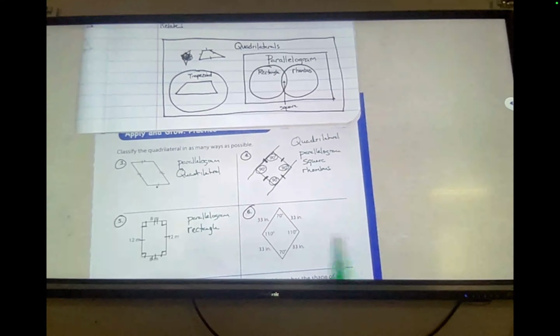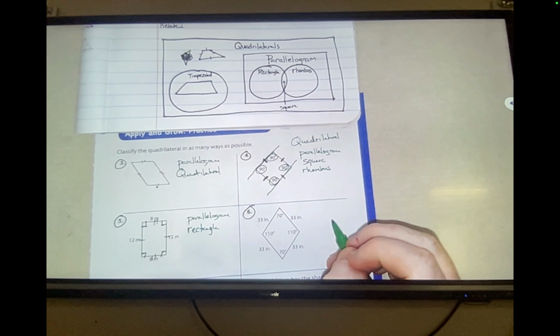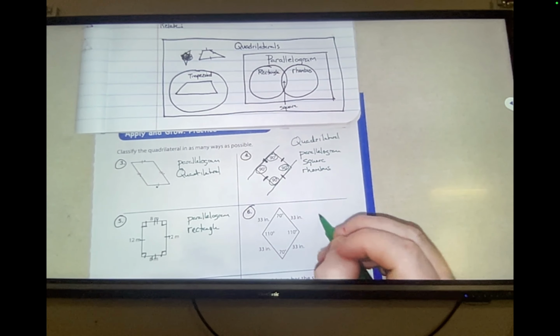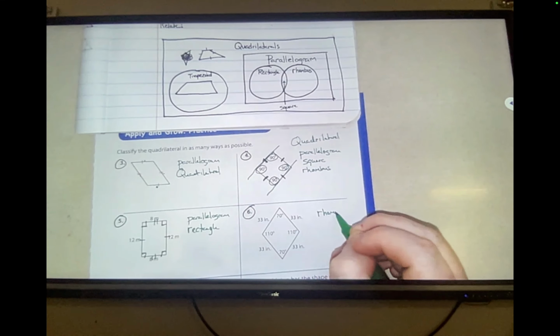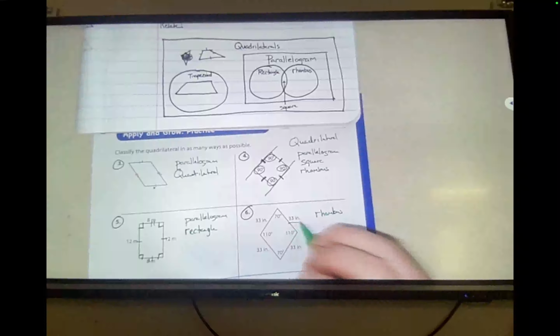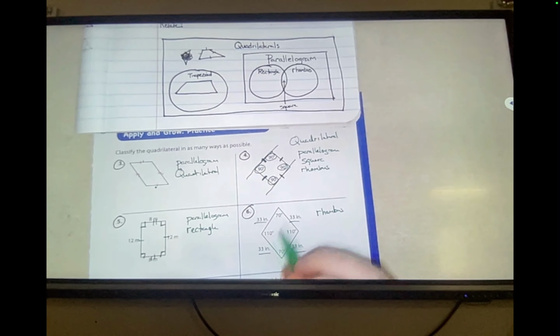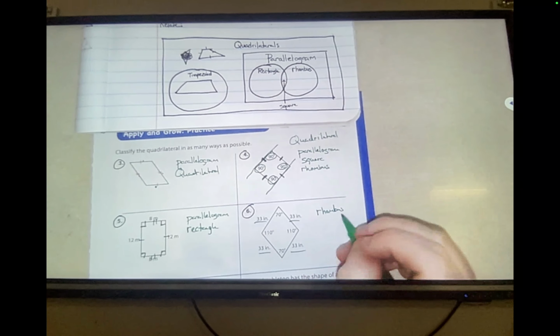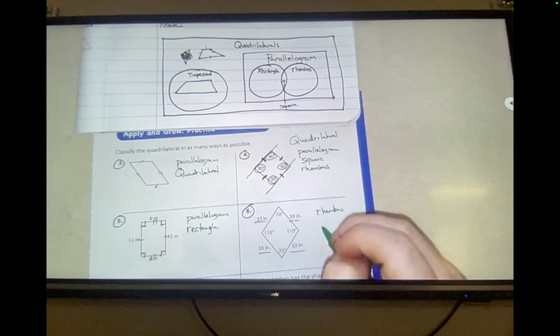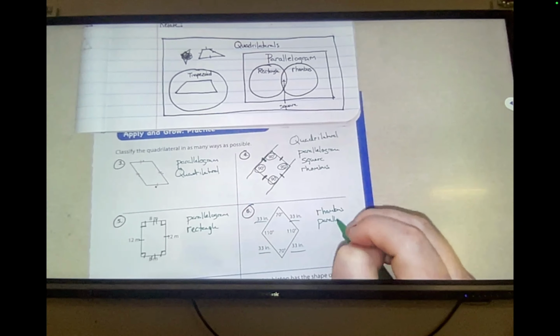And lastly, we got this one over here where we have a rhombus. A rhombus is where we have 4 equal sides: 1, 2, 3, 4. The angles are not the same, but as long as the sides are the same, it's a rhombus, which also makes it a parallelogram.